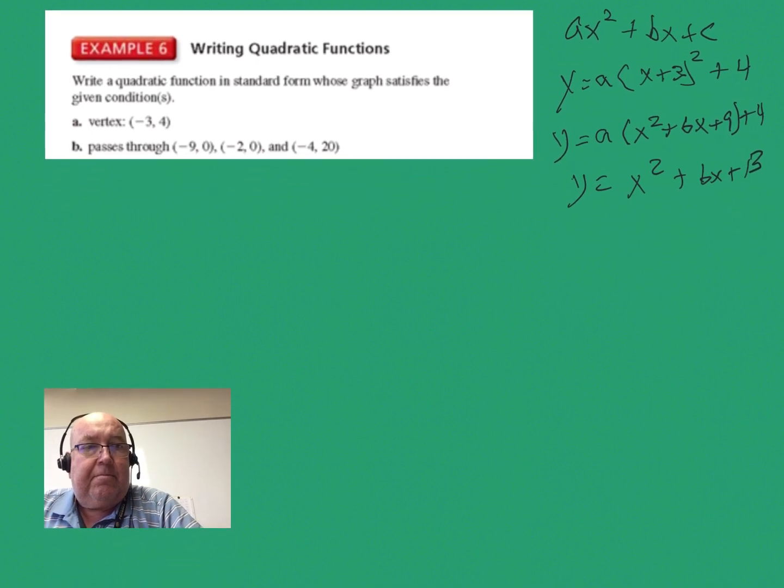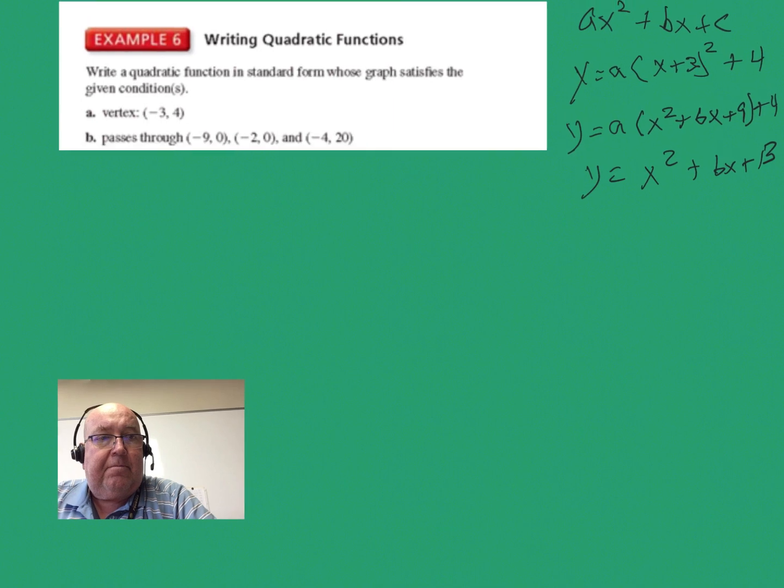Okay, for the next part here, we're given two zeros and a point. So we're going to write the equation in y equals a times x plus 9 times x plus 2. Now we're going to go ahead and substitute our values from the point negative 4 and 20.